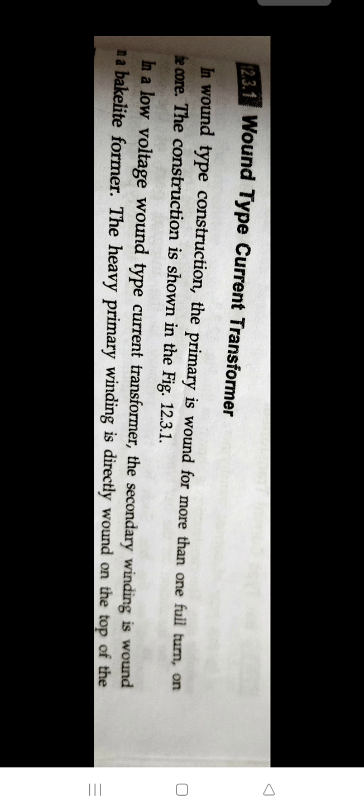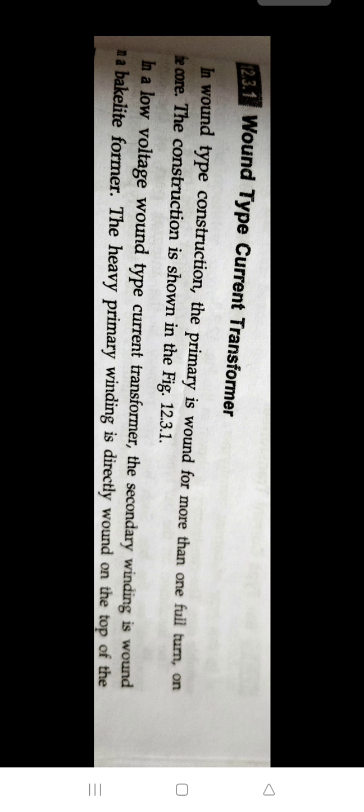Wound type means the primary is wound for more than one full turn on the core, and in the bar type the primary is not wound.